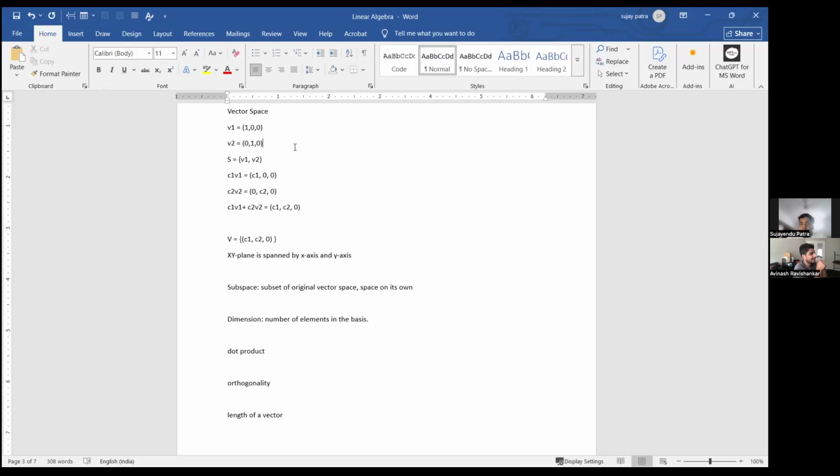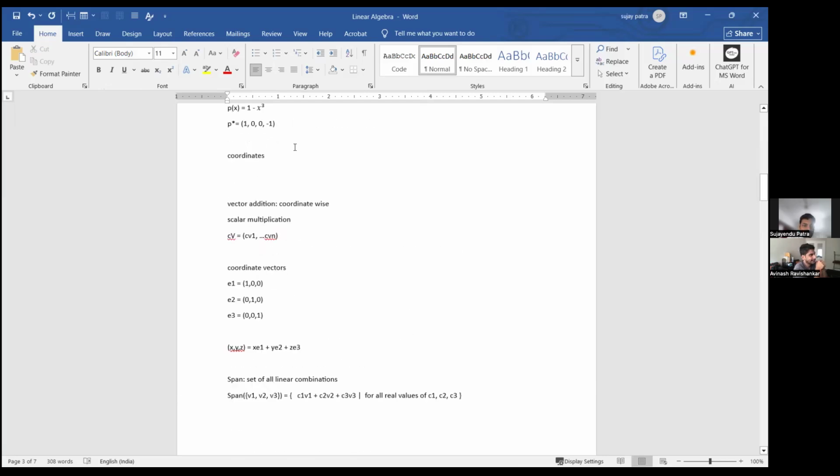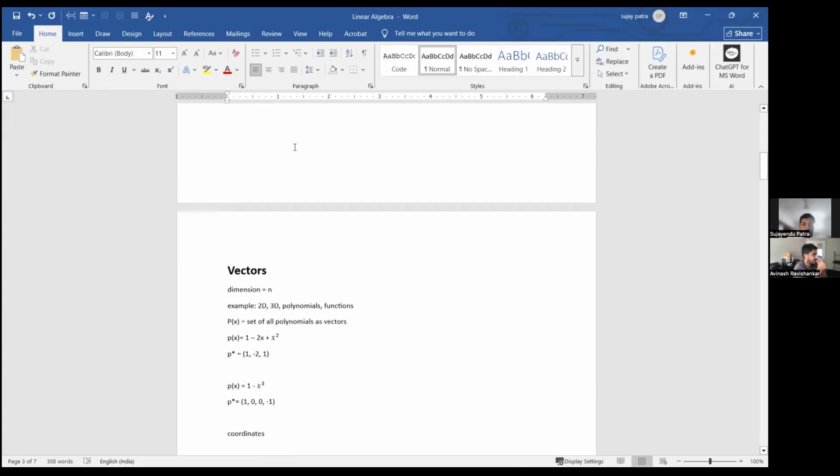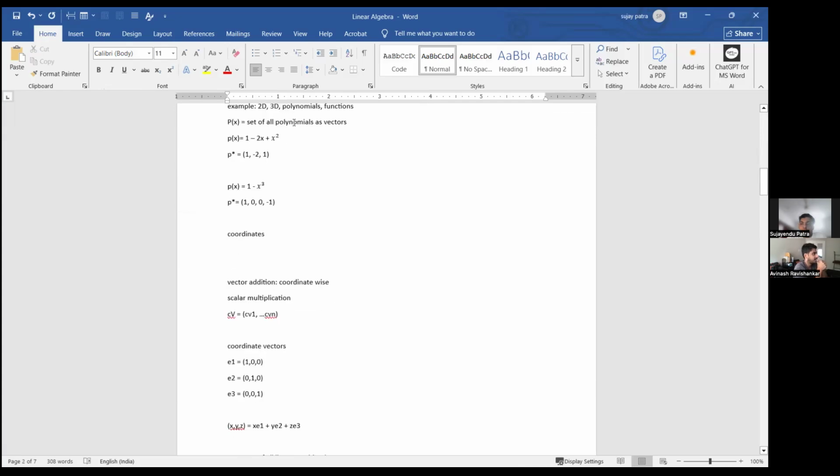For example, I'll give an example that we already discussed. You remember the polynomials? What will be the dimension of the polynomial vector space? There's no limit because you can take a polynomial of any high degree. I can take x power n, where n is any high number.